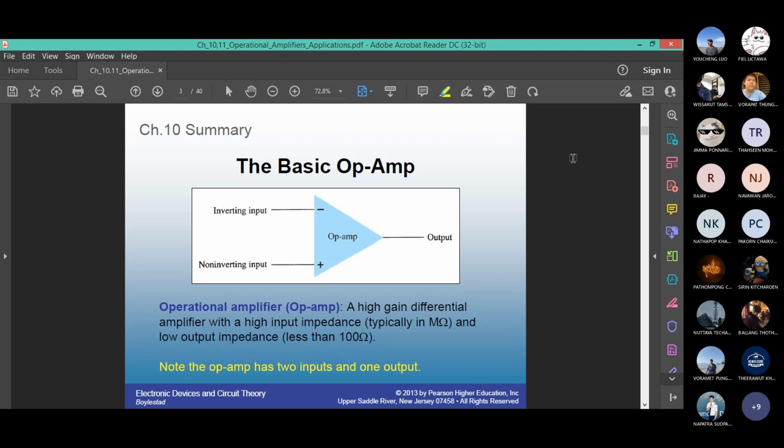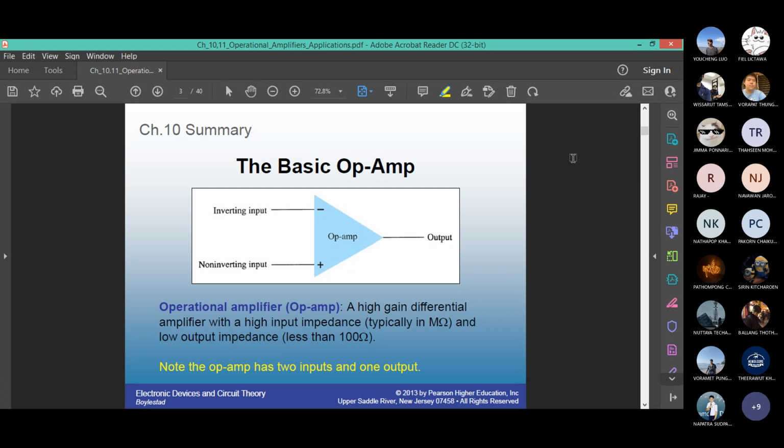It's a very high gain differential amplifier. So this belongs to the family of differential amplifiers. It's one type of differential amplifier. On the input side, there's a very high impedance, typically in mega ohms.